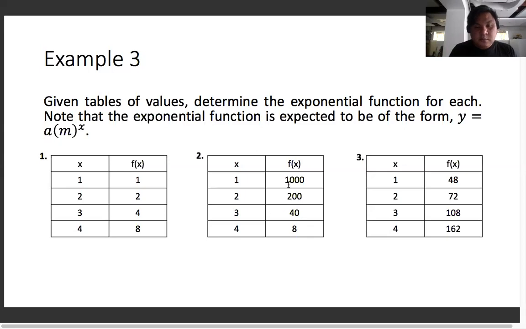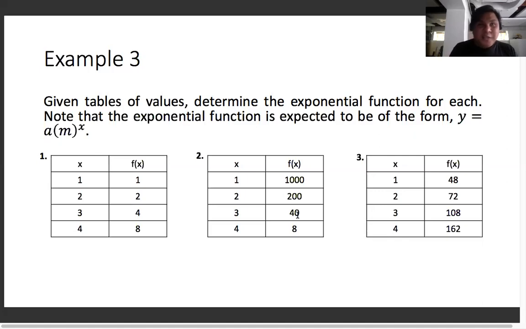So in essence, you can say, 1,000 to go to 200, you have to divide by 5. And that is true. 1,000 divided by 5 is 200. 200 divided by 5 is 40. But take note, we are looking for multipliers. So instead of thinking of it as division by 5, we're going to talk about it as multiplication by the reciprocal of 5.